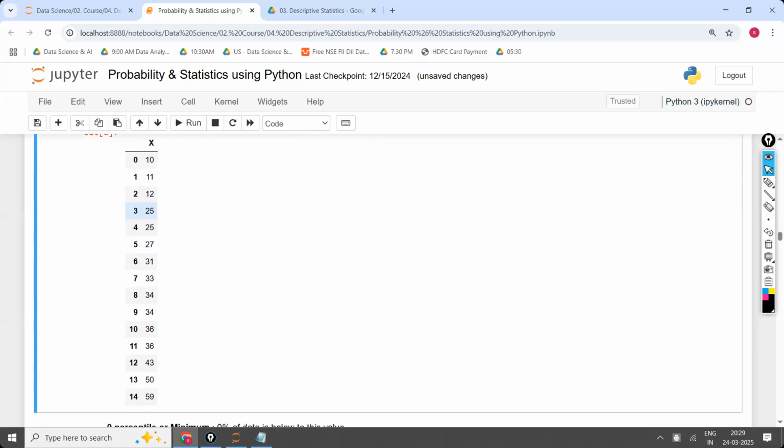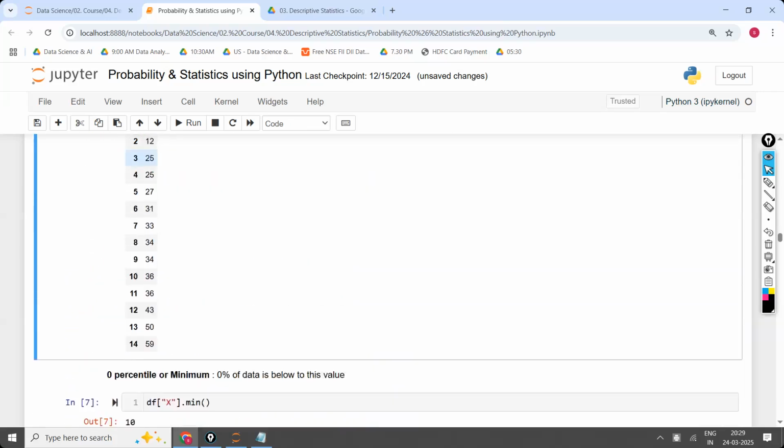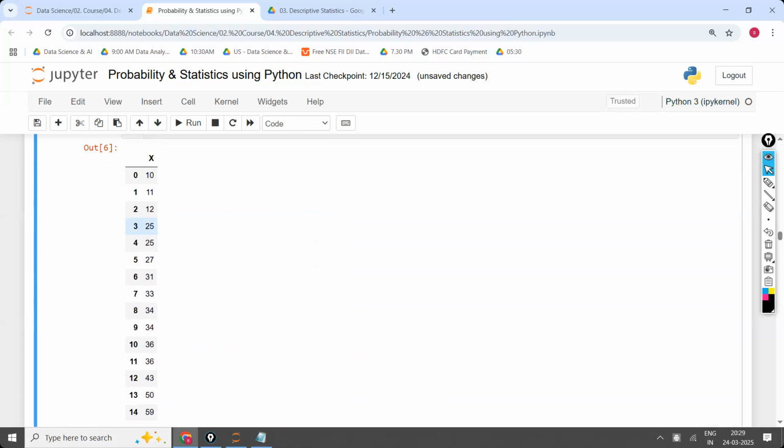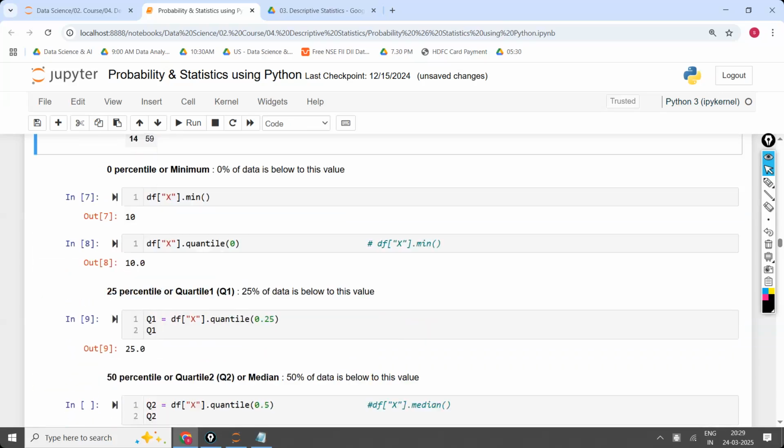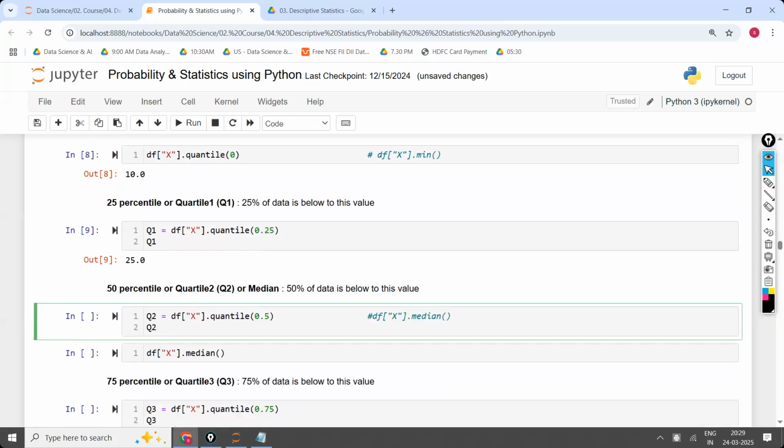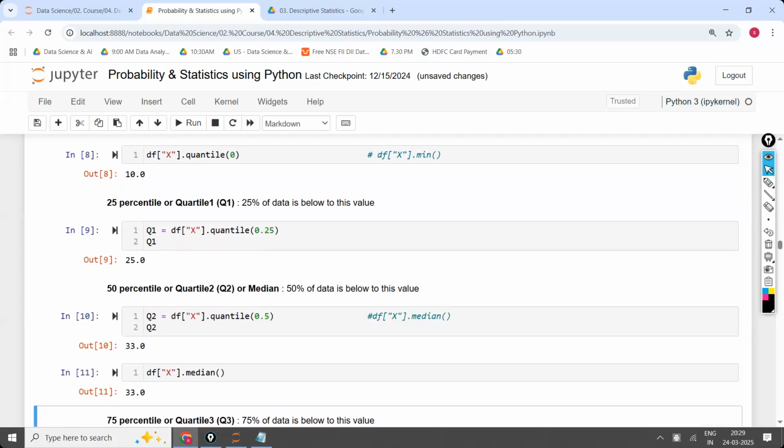Next, 50 percentile. What does 50 percentile mean? Total 15 records are there. For 15 records, 50% of the data below should be 7.5 records, which is nothing but 8 records. So here if you take the 50 percentile, that is quantile 0.5, which is also the median, it is 33.